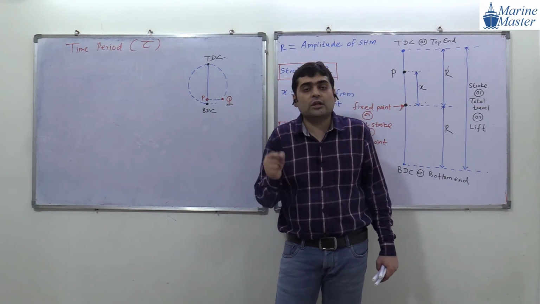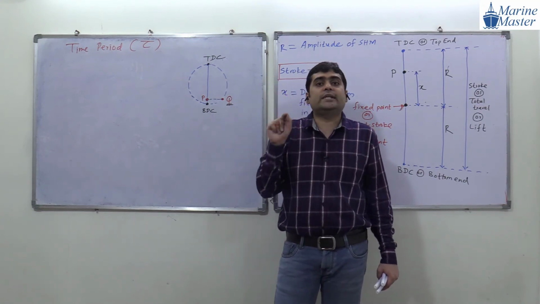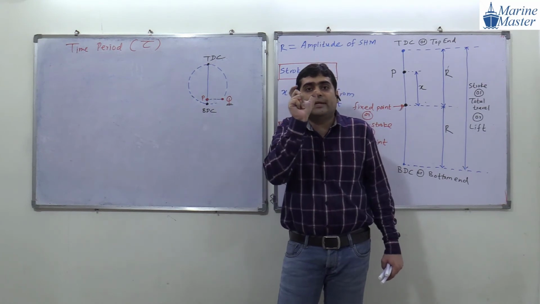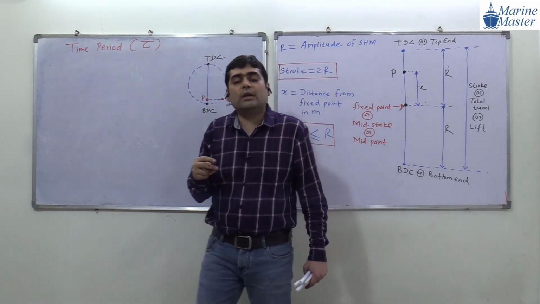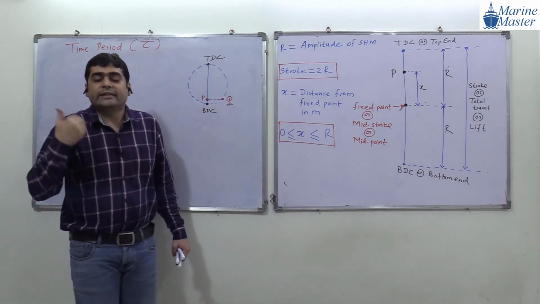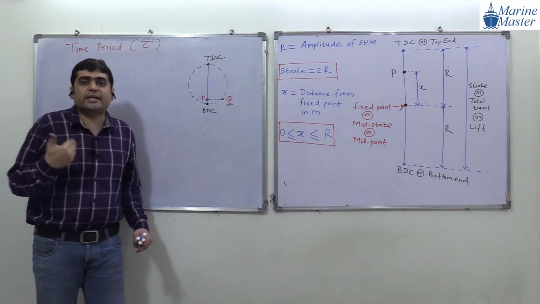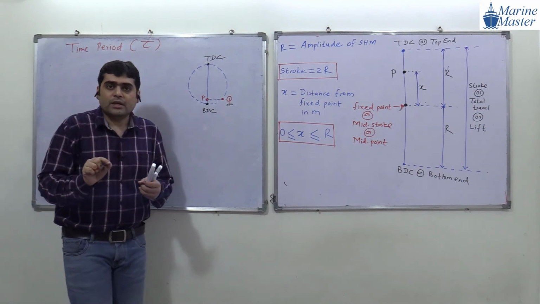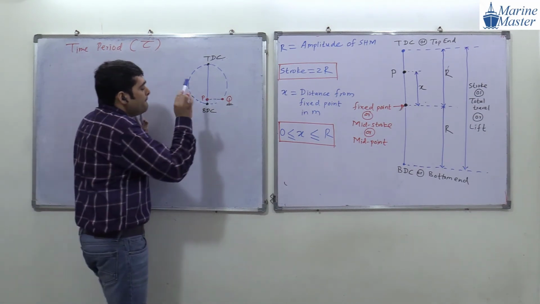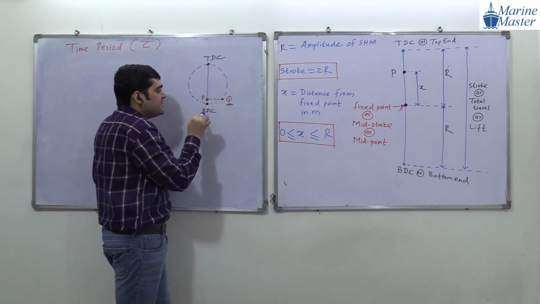Because in rotational motion, we studied omega is equal to theta by t, so the unit of theta is radian. So 360 degrees is equivalent to how much radian? 2 pi radian.